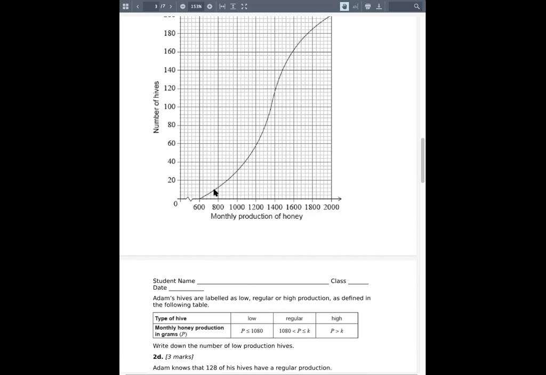By adding that, you get 168, and you match it up to the cumulative frequency chart to get the value that the regular is encased in, that it's inclusive in. That would be the highest value you could go. It would be the value that stays there for the high honey production, the value it has to be higher than. Hopefully that made sense.